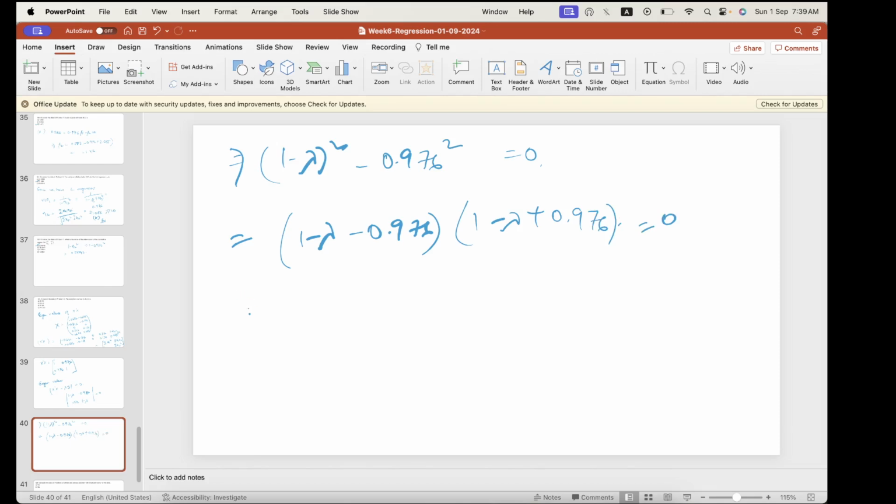So from here we have lambda 1 as 1 plus 0.976, lambda 2 as 1 minus 0.976. So this will be 1.976 and this is 0.024.